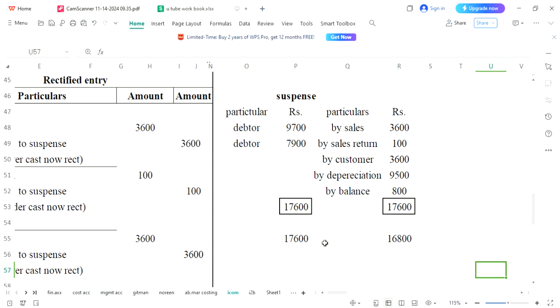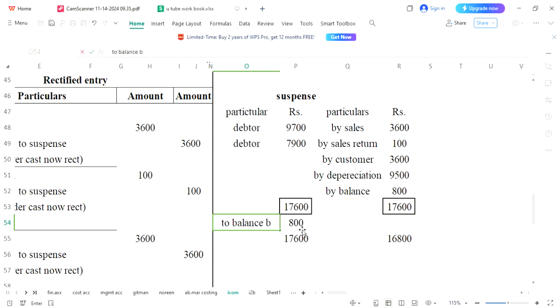Excess debit, here debit side is 17, credit side is 16. That means the debit side has an excess. Debit is more than credit. Answer is matched, 800. Last step is just to bring this 800 balance downward and write down balance b/d.